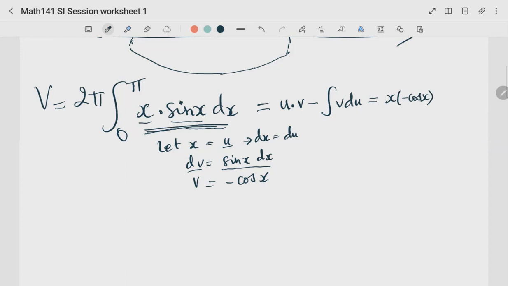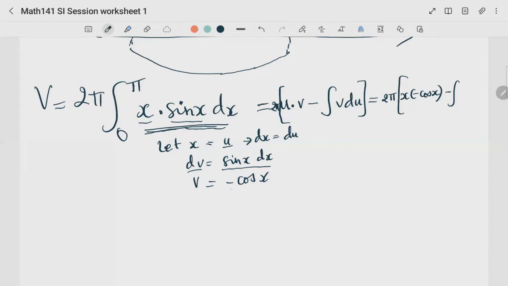And obviously, there's a 2 pi out here, so just keep that in mind. Let me include it there. So there's a 2 pi there. So x multiplied by negative cos of x, minus the integral of v times du.